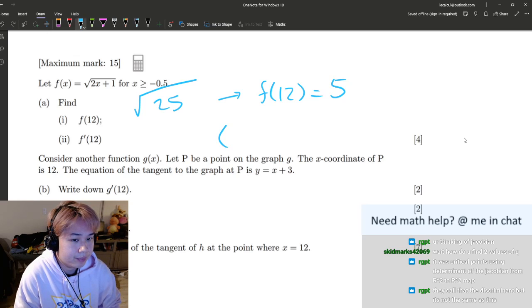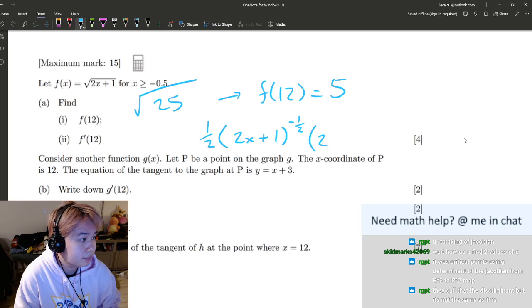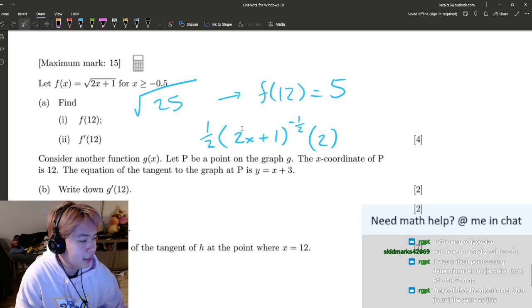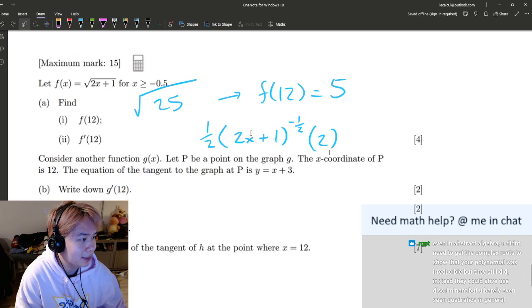So I take the derivative. So here's my derivative, right? This is technically an exponent of 1/2. Make it a coefficient, subtract 1, multiply by the chain rule, which is 2.